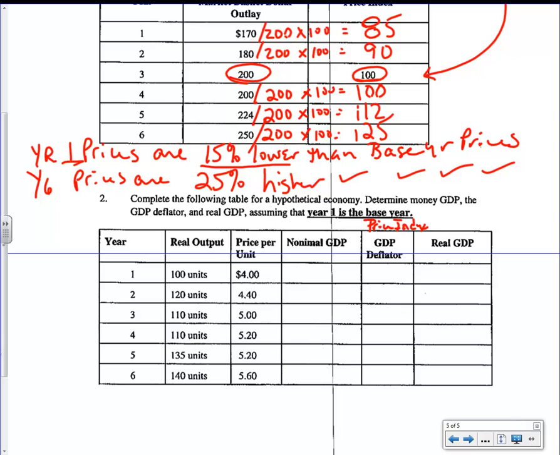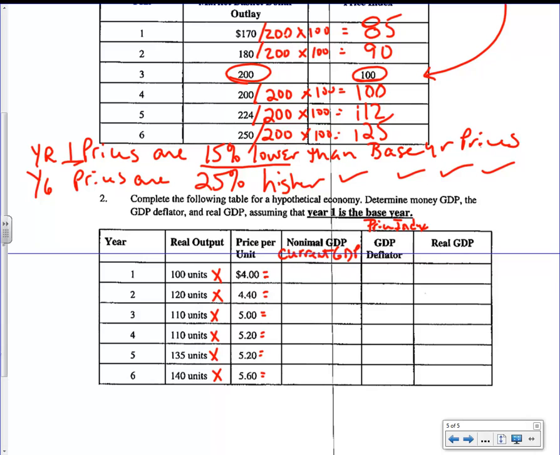First item we're going to do is find the nominal. That's known as the current GDP, which uses current year prices. So we're going to take 100 times $4, 120 times $4.40, 110 times $5, 110 times $5.20, 135 times $5.20, and 140 times $5.60.